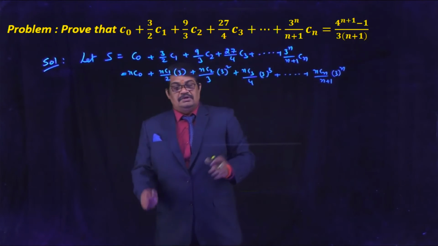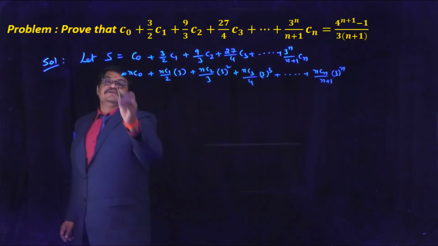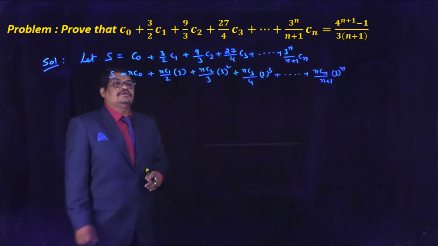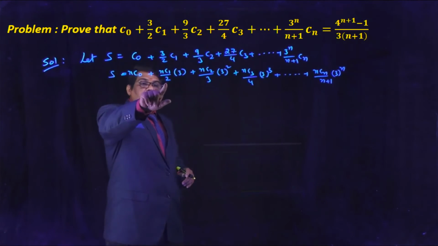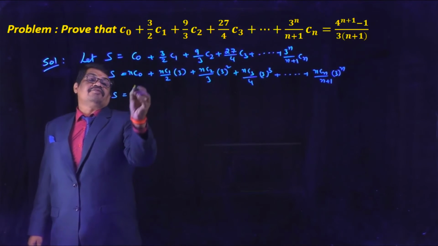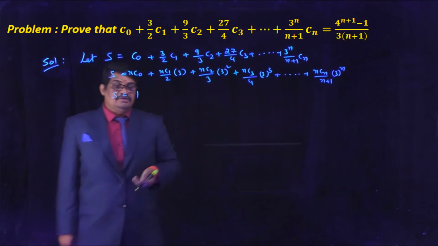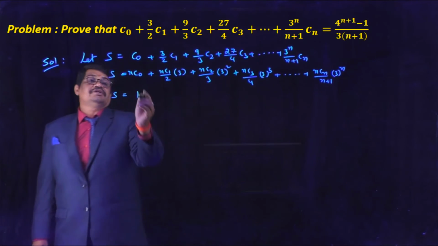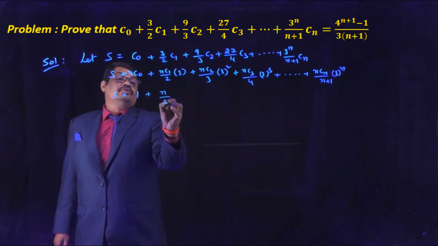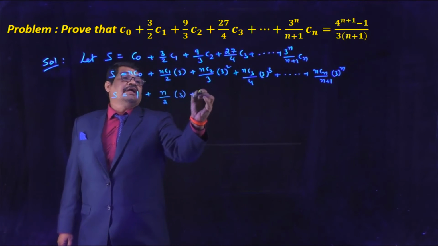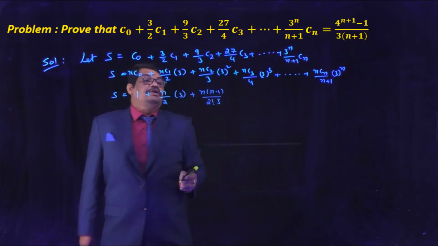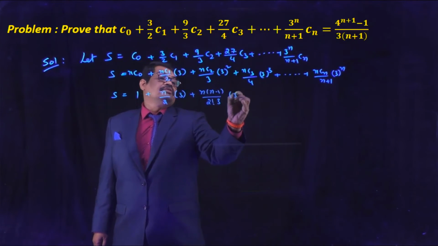Now the LHS is S. Here nC0 has value 1. Now we write the binomial coefficient values. nC0 is 1, plus nC1 is n by 2 into 3, plus nC2 is n into n minus 1 by 2 factorial into 3 square.